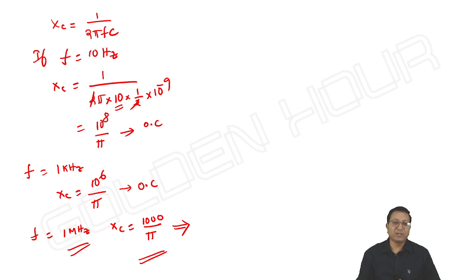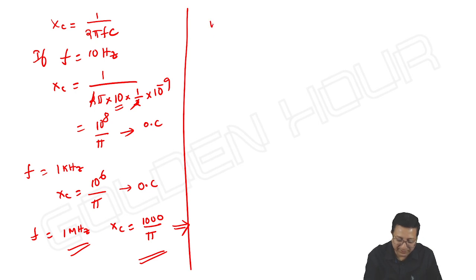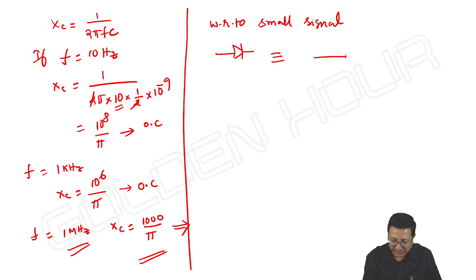Then what is the equivalent circuit of diode with respect to small signal? Strictly speaking, the equivalent circuit of diode is like RF in parallel with this CF, forward resistance.